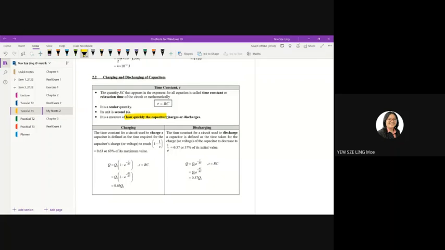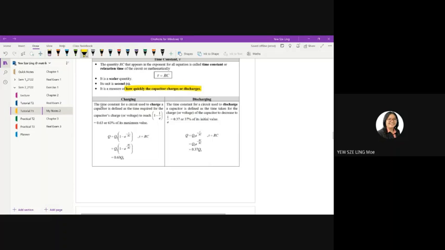That's it, but that is not the definition. The definition depends on whether you're looking at the charging or discharging process. So the time constant for a circuit used to charge a capacitor is defined as the time required for the capacitor charge or the voltage to reach 63% or 0.63 of its maximum value. How to obtain 63%?